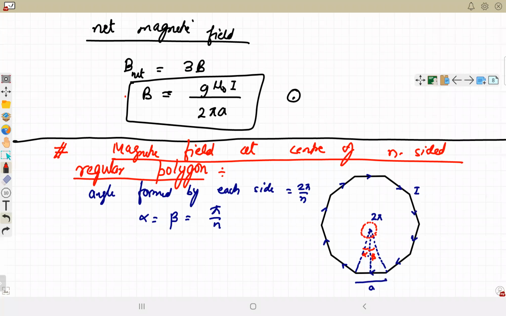Alpha and beta both pi by n, and then the perpendicular distance is r. We have to find the value of r in terms of a.